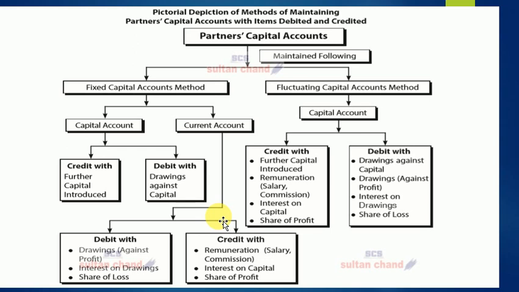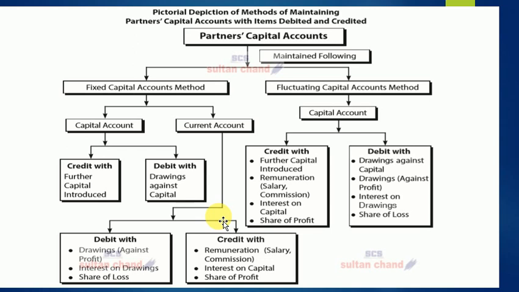You're done with partner's capital account in detail with the two methods, and it is time now for you to practice rigorously the questions given in your book, and you must give a thorough practice of these two topics, I mean profit and loss appropriation account with its questions, and partner's capital account and its questions under the two methods.